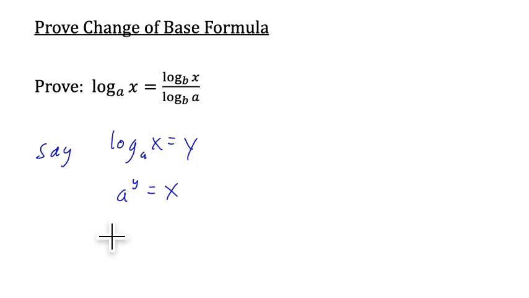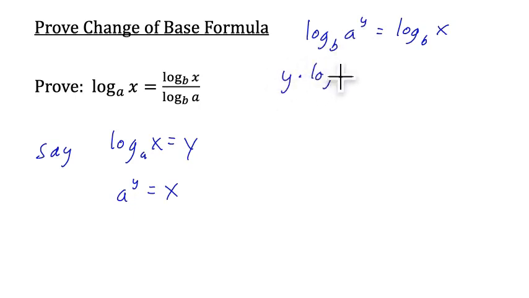Now I'm going to take the log base b of both sides. So let's see, we've got the log base b of a to the y equals the log base b of x. That's a b there. Now we're going to use that log property that we just proved that says that log base b of a to the y equals y times log base b of a.